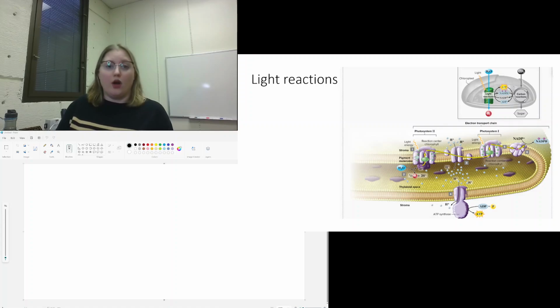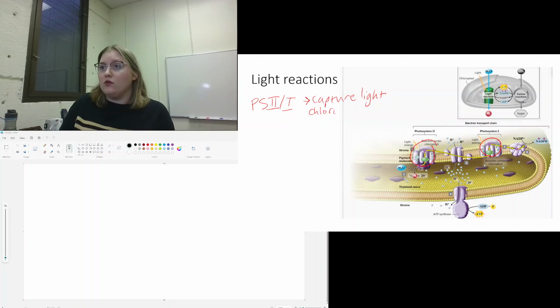So our proteins, we have photosystem 2 and photosystem 1, often abbreviated PS2 and PS1. These capture our light. Okay, and they do so using a pigment, and that pigment is chlorophyll.